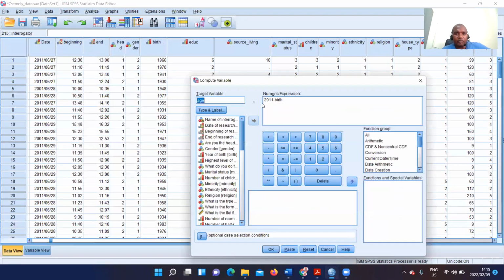We say compute variable, age is equal to 2011 minus birth, birth being the year of birth, and then we must get the result.